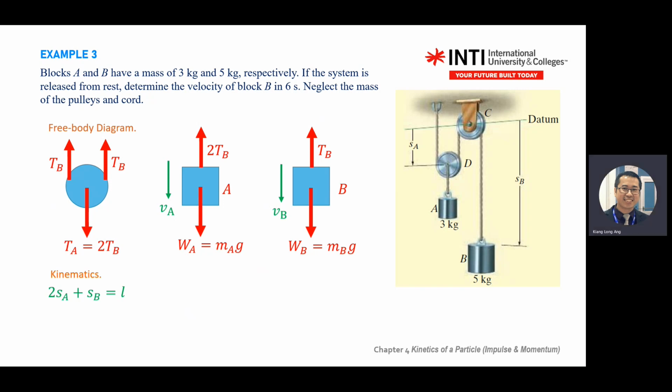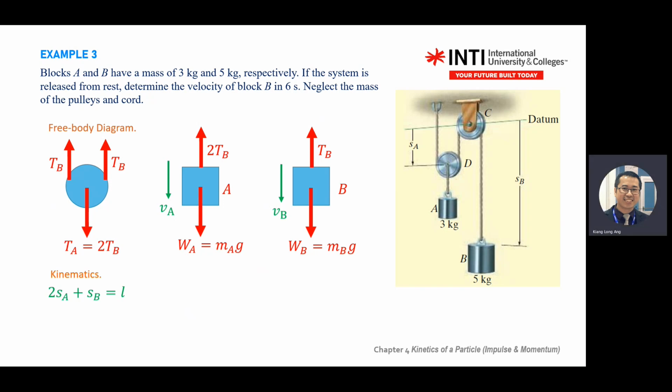Yeah, then you time differentiate, what do you get? So what is the next answer for this one? 2VA becomes what? 2VA plus VB equal what?